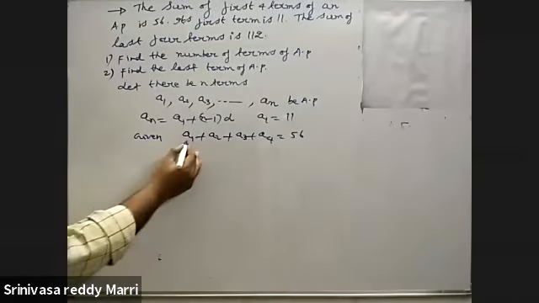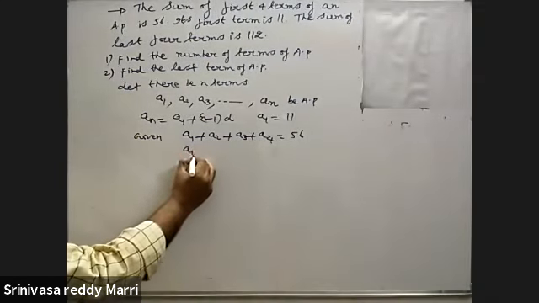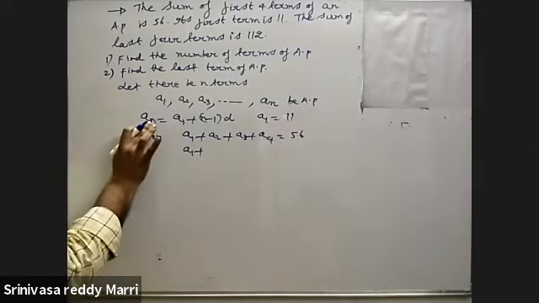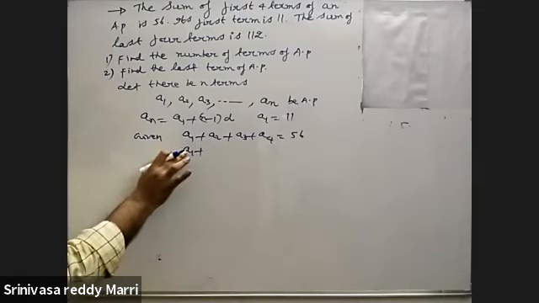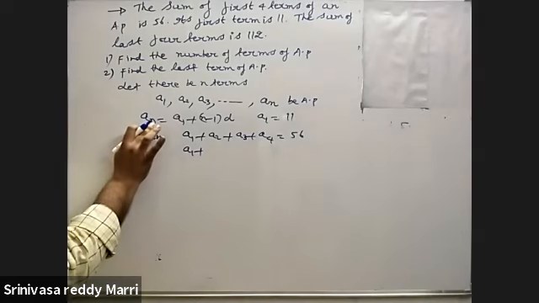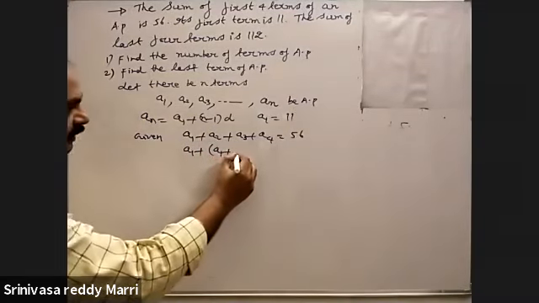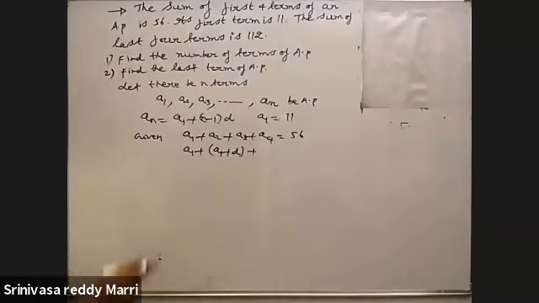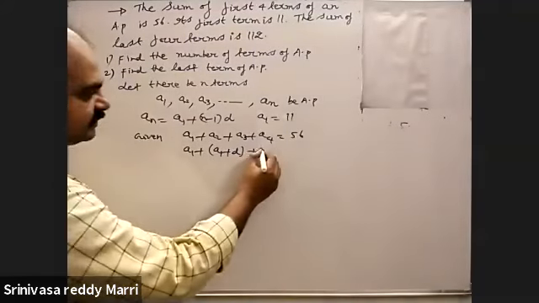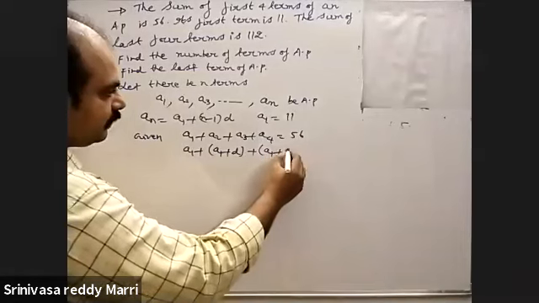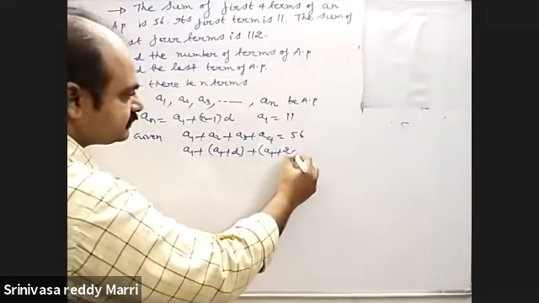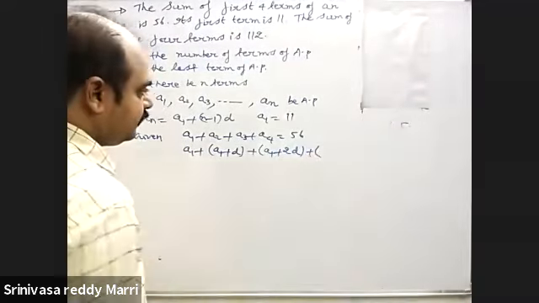Now look at A1 plus A2. A1 means the first term only. A2 means substitute n equal to 2, so A1 plus d. A3 means substitute n equal to 3, which gives A1 plus 2d.